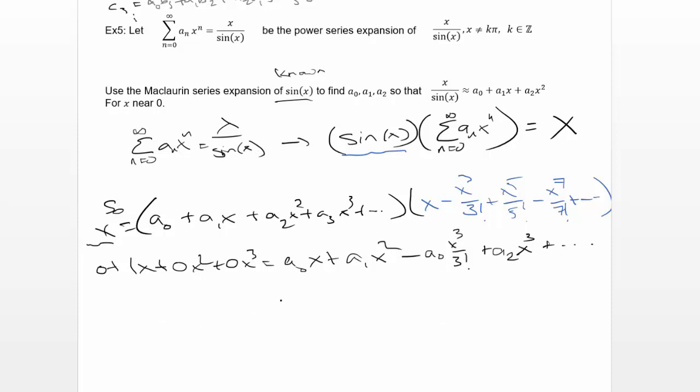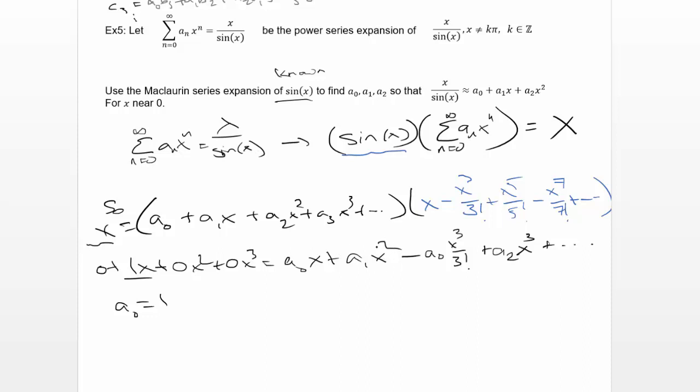So what does this tell me? Well, I think this exactly tells me how to calculate a naught, a1, and a2, just like I need in my answer. I know a naught is the term in front of x. The term in front of x in my answer is 1. So this tells me that a naught is 1. The x squared coefficients need to match up.